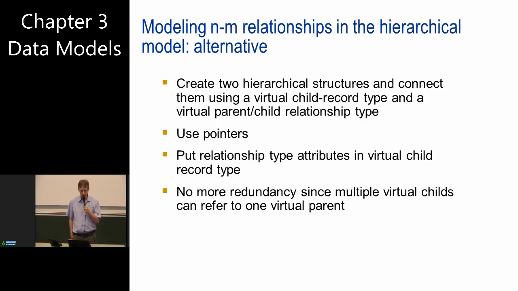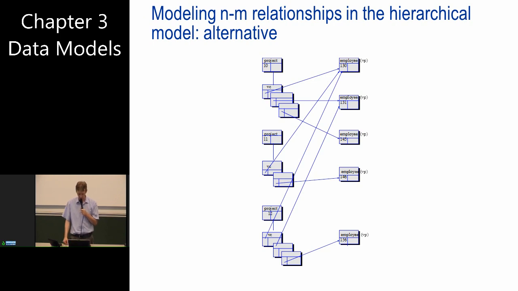Another way of modeling many-to-many relationship types in the hierarchical model is by using the idea of virtual child record types and virtual parent-child relationship types. What we do here is the following. We have a many-to-many relationship type between project and employee. So we're going to create virtual child record types.